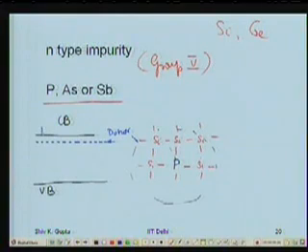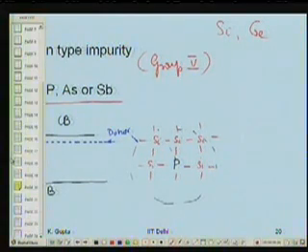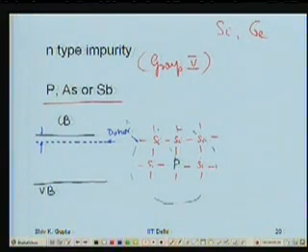Now this energy difference between the bottom of the conduction band and the energy level of the electron of the impurity is very small. It's called the ionization energy of phosphorus in silicon. If I provide this small delta E, this phosphorus will have been ionized.